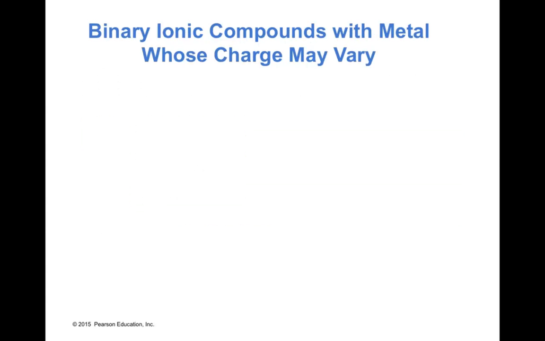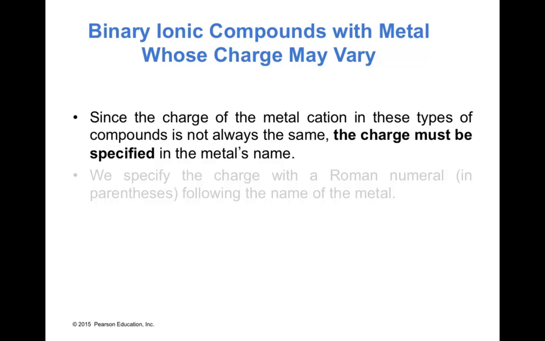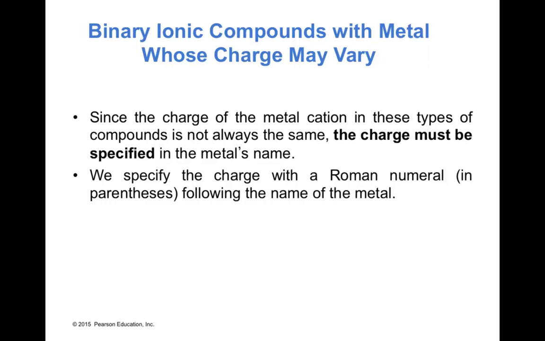So what about when the ionic compounds have metals whose charge may vary? Since the charge of the metal cation in this type of compound is not always the same, the charge must be specified in the metal's name. We specify the charge with a Roman numeral in parentheses following the name of the metal.